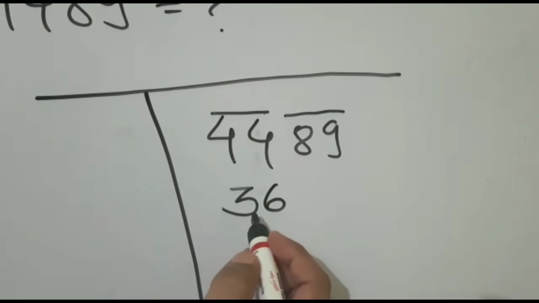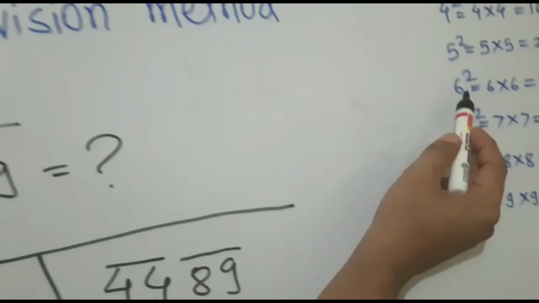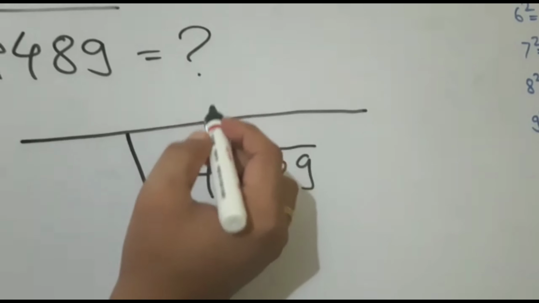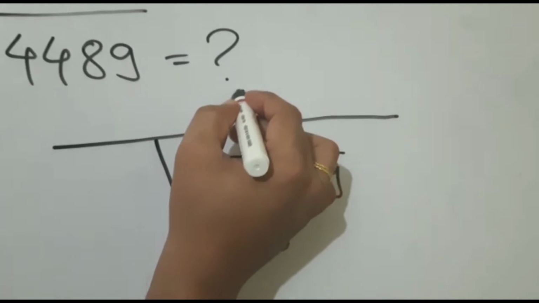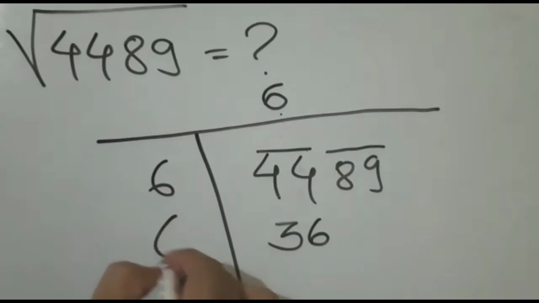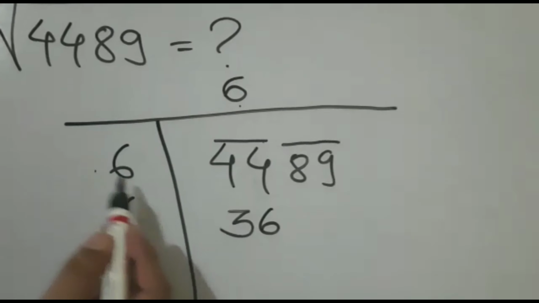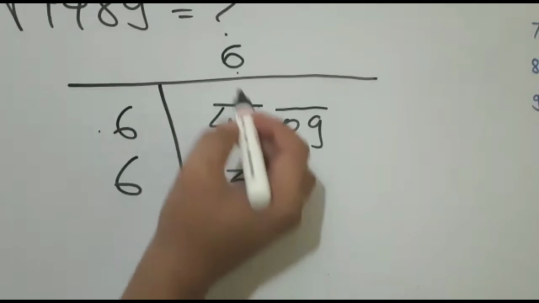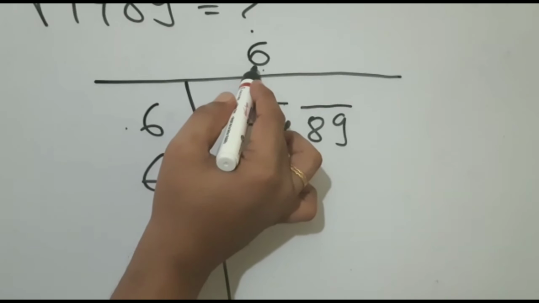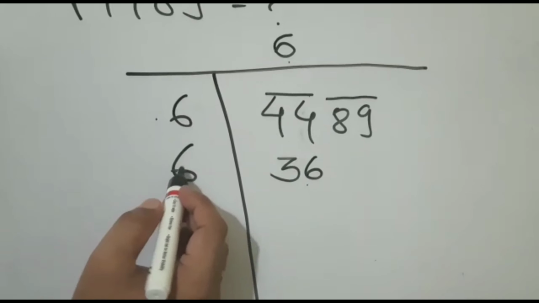Now 36 is the square of whom? We know that 36 is the square of 6. Now take 6 at 3 places, here, here, here. Why here? Because 6 into 6 is 36 and the divisor is 6, therefore we write 6 here and 6 into 6 here.